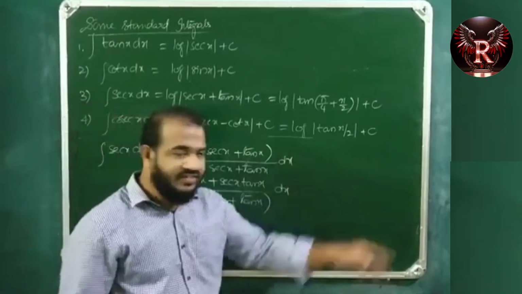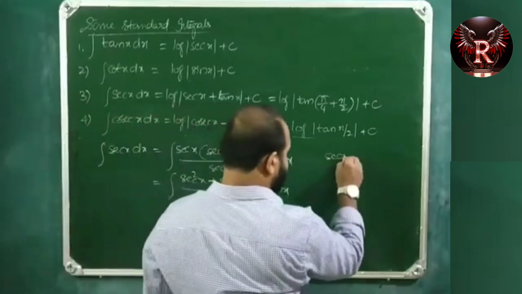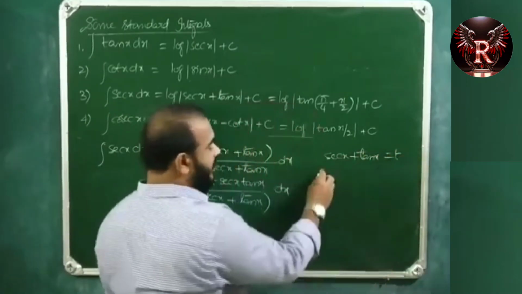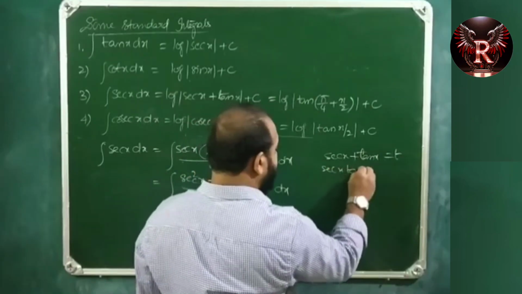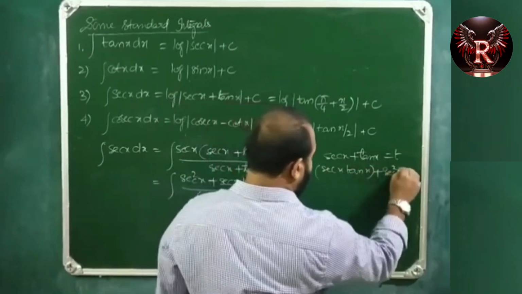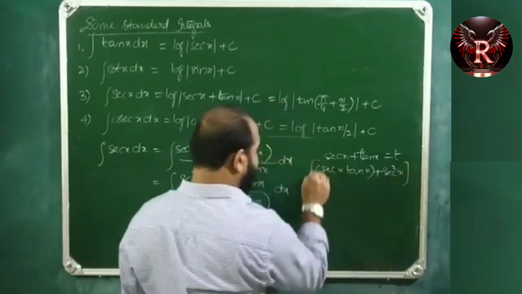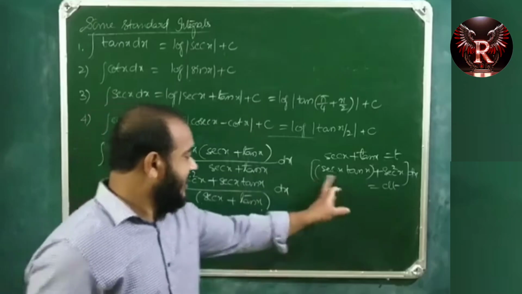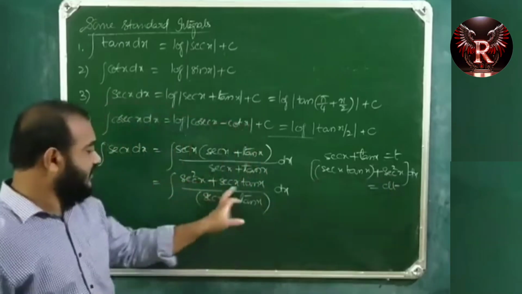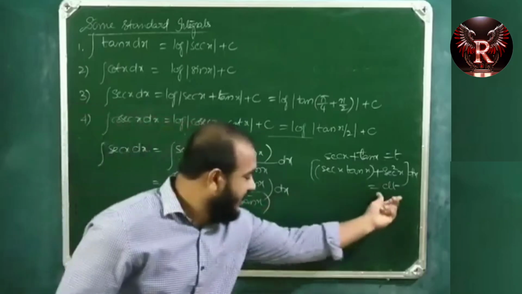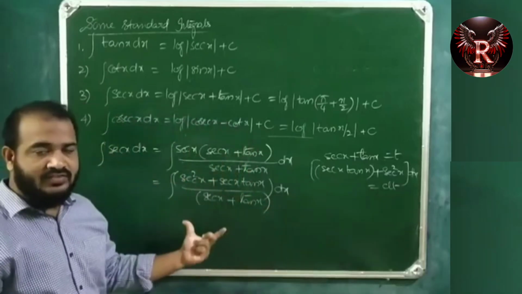Secant x plus tan x is equal to t. Now secant x derivative is secant x tan x plus tan x derivative is secant square x, whole dx is equal to dt. See this here: secant x tan x plus secant square x dx is dt, and this is t. dt by t is log t.